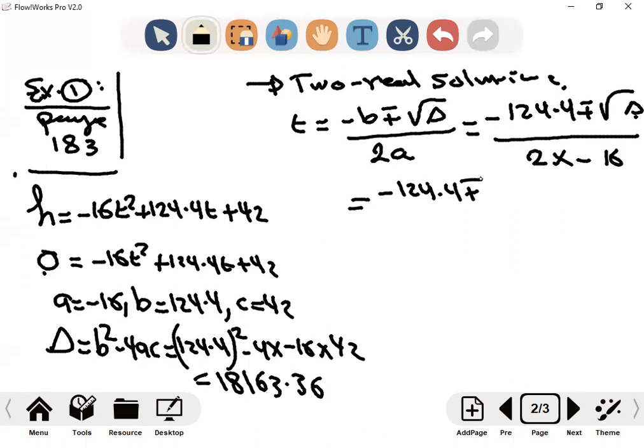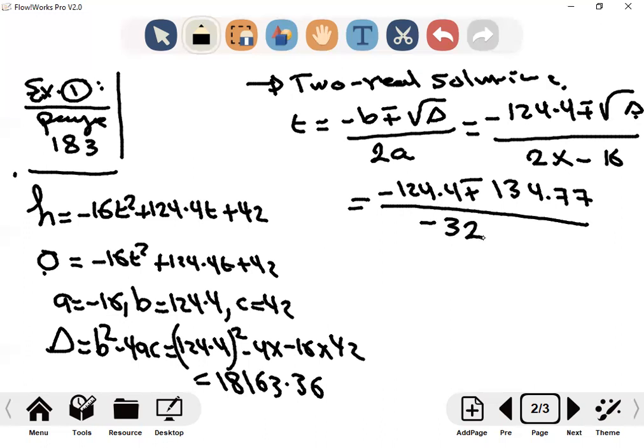The square root of this number. Are you sure? 134.77. Are you sure about the number? Over 2 multiplied by negative 16, negative 32, right?